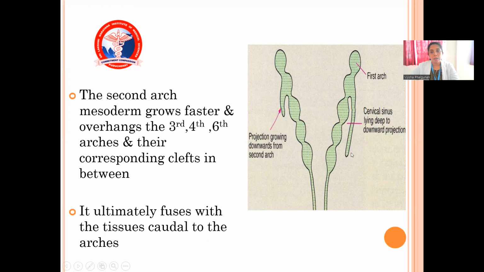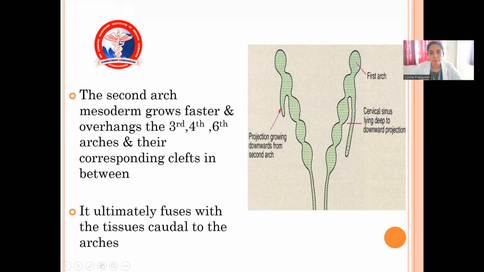It is going to overhang over the arches as well as the clefts present in between. So it ultimately fuses with the tissues caudal to the arches. This overhanging will prolong and cover the entire arches and the ectodermal clefts in between.